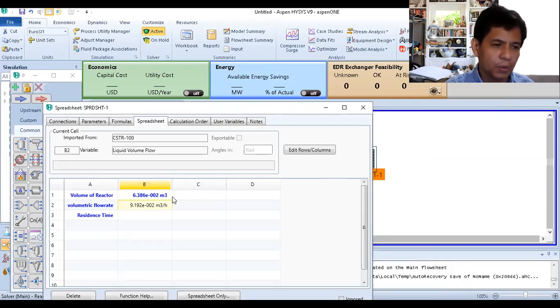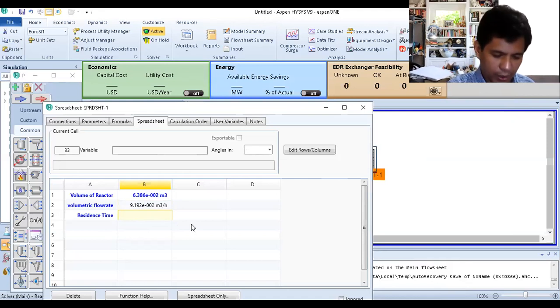Done. So, what we're going to do is we're going to divide volume of the reactor with the volumetric flow rate. Parang Excel din lang. Equal, tapos B1, type in nyo lang, tapos divided by B2.